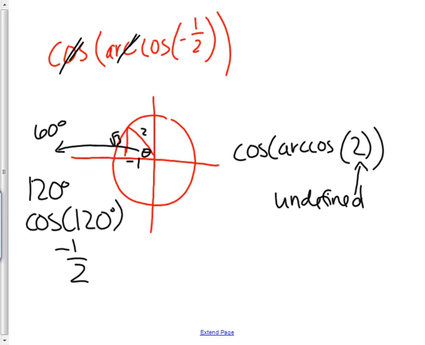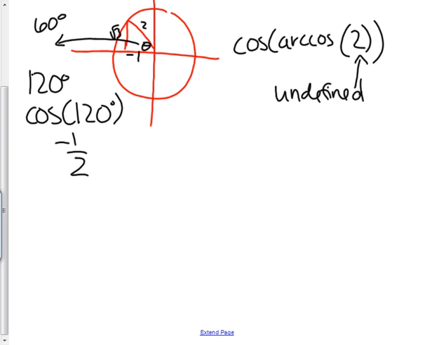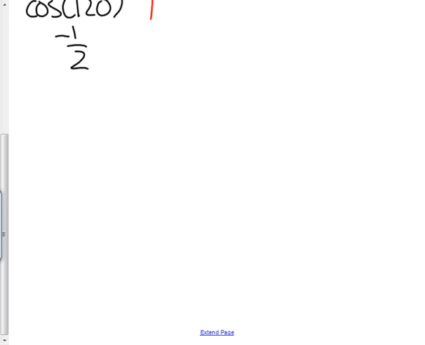Okay, the next one. So that was 4, right? So now we have sine inverse sine of pi. We're not going to go through and cancel out. This is one where you should go through and solve it.